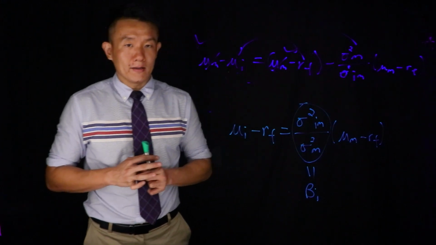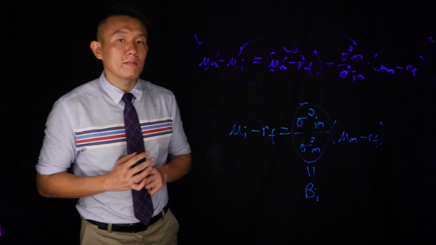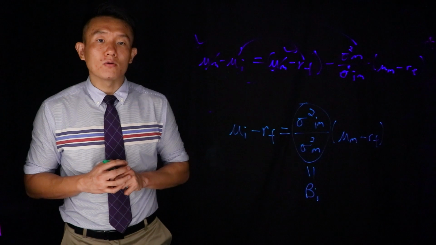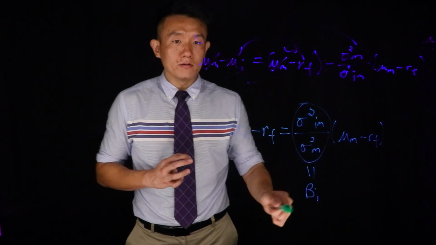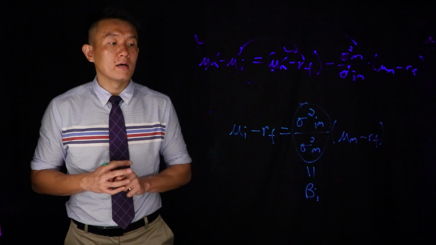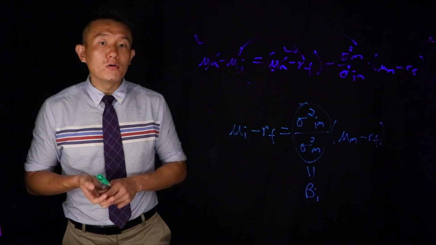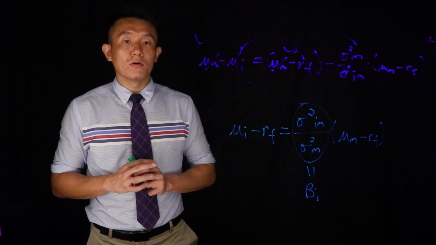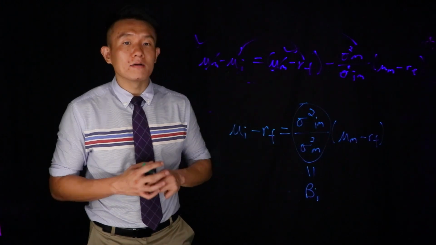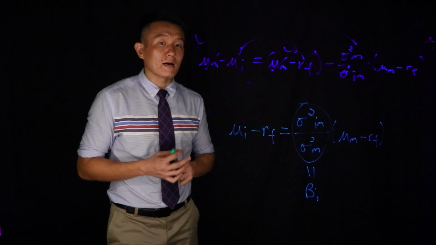So what it's saying is that the risk premium that stock i is going to pay is going to be proportional to how much exposure it has to market risk. The higher the exposure to market risk, the higher the excess return that stock i pays.